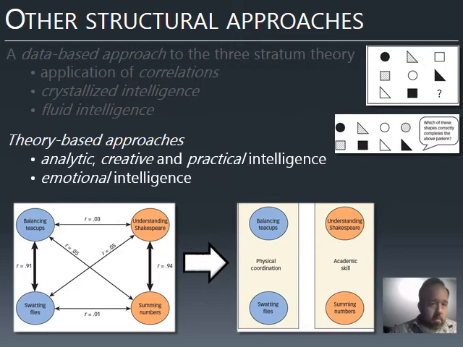And of course, the tests we've been talking about so far don't build in these ideas. If you're good at solving one of these puzzles shown in the top right, or you're good at balancing teacups, or you're good at adding up numbers, none of these things indicate how good you are in social situations. And social situations are a key part of our existence. And not surprisingly, people that are high in emotional intelligence, that are good at recognizing emotions, and good at using emotions to inform decisions, they tend to have more satisfactory relationships.